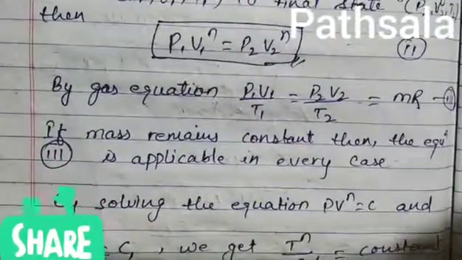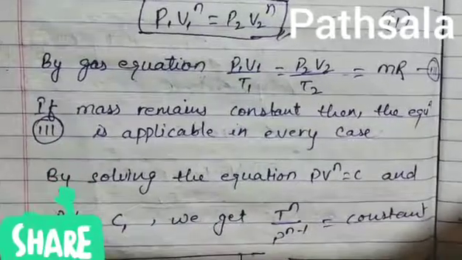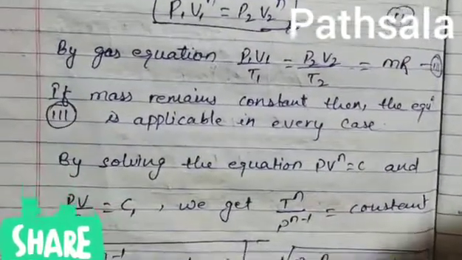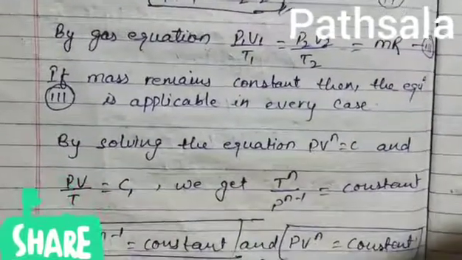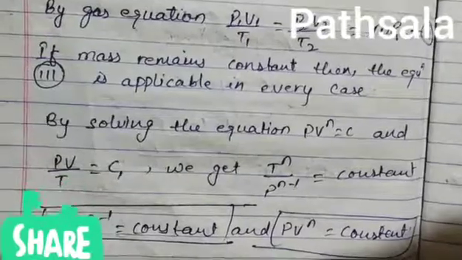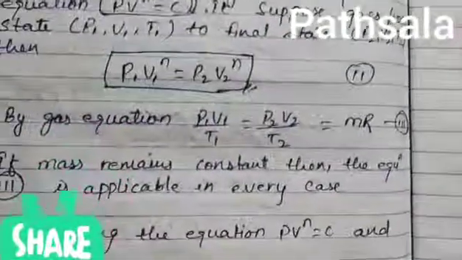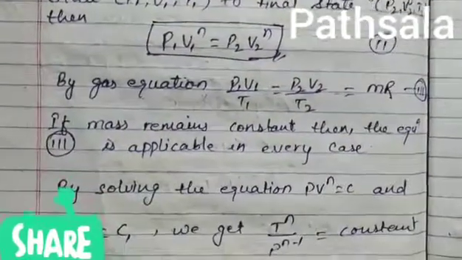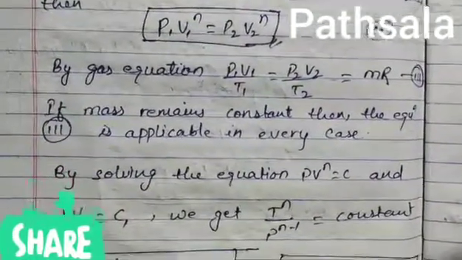By the gas equation, P1 V1 upon T1 is equal to P2 V2 upon T2 is equal to mR, as we know by Boyle's law. If mass remains constant, then this equation is applicable. That is, P1 V1 upon T1 is equal to P2 V2 upon T2.